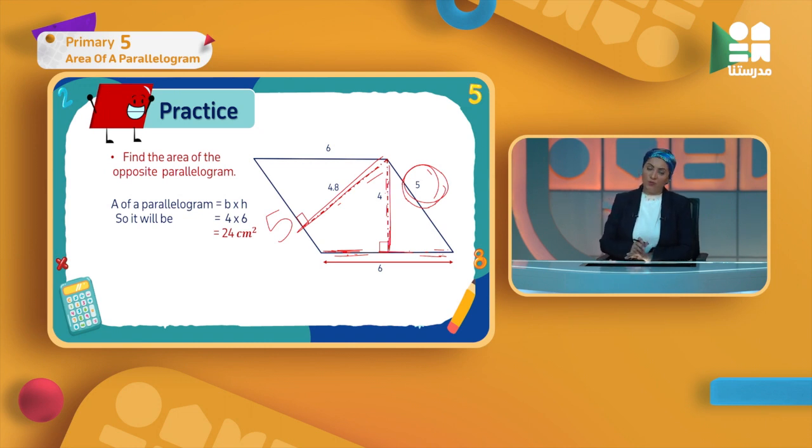Now we need to move to the other fact, which is: if I get the area using the other height and base, different from the first height and base, will it be the same or not? So we try this again. Base times height, so 4.8 times 5. When we multiply 48 times 5, we will get 240, and then we put 1 decimal point, so you will get 24 centimeters squared.